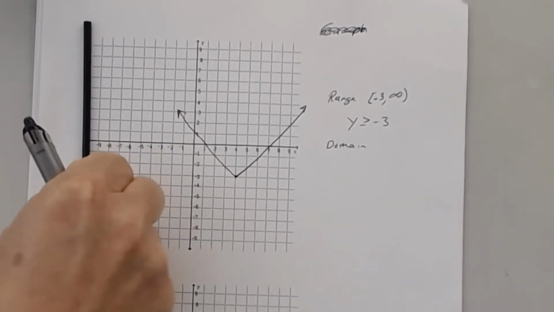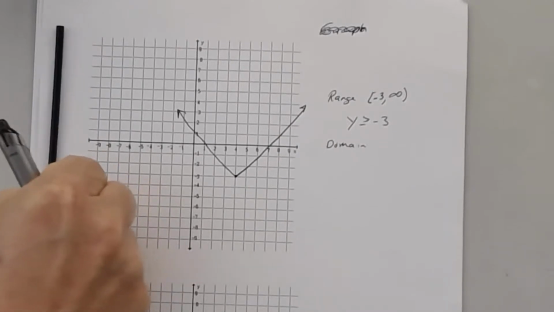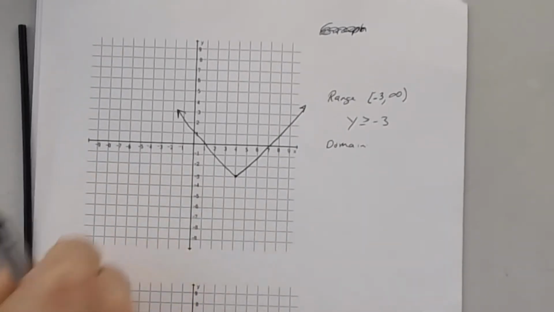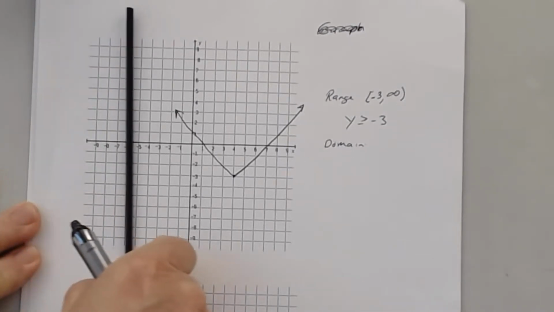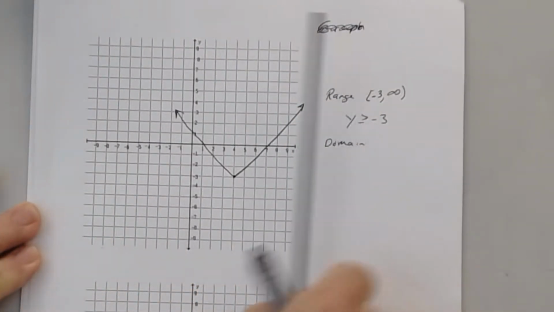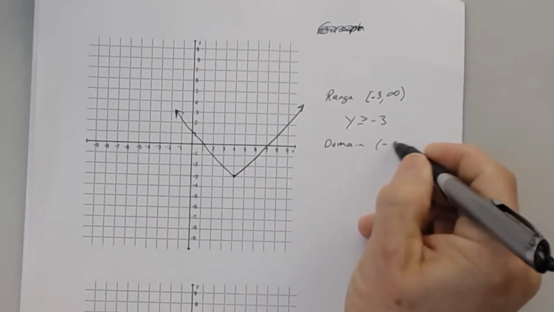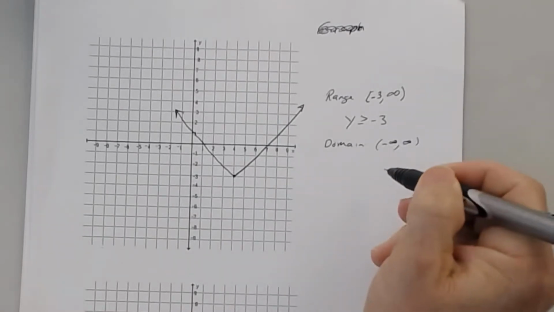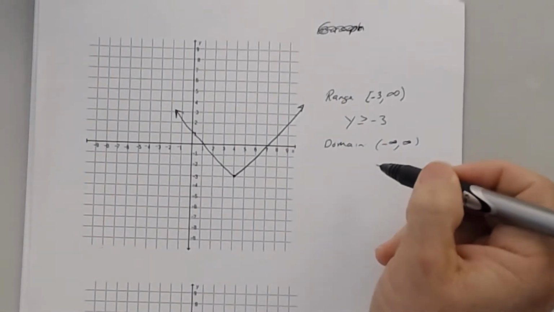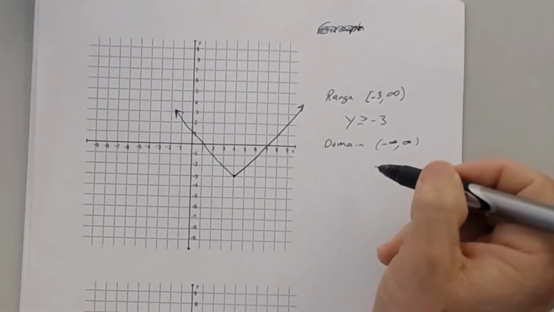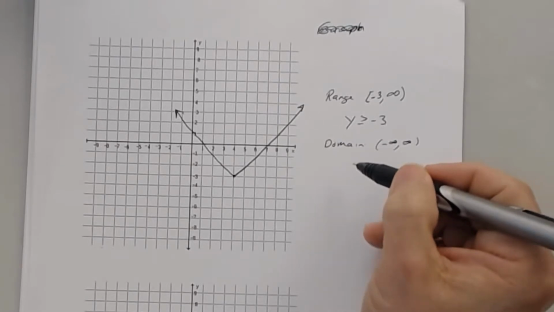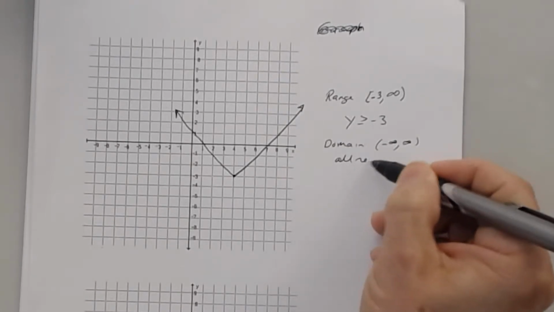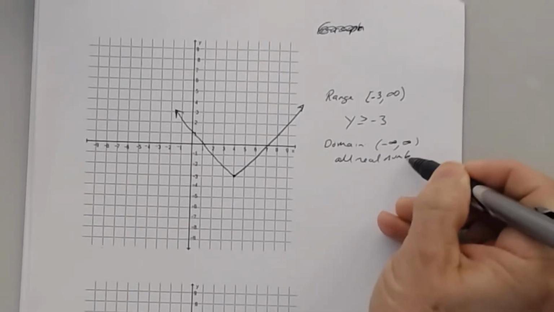Does it stop here, or does it keep on going this way? So you're going to go from -infinity all the way to +infinity. So the domain is -infinity to +infinity. Now, on my math lab, you can't write this as an inequality. So in my math lab, what choice are you going to use? Real numbers. That's what you're going to use in my math lab.